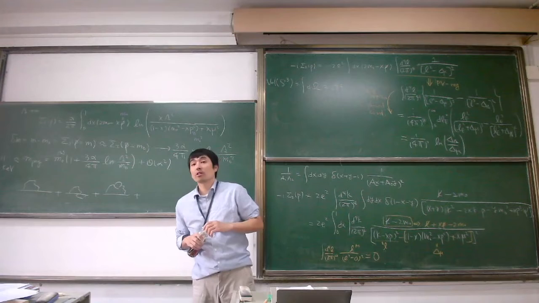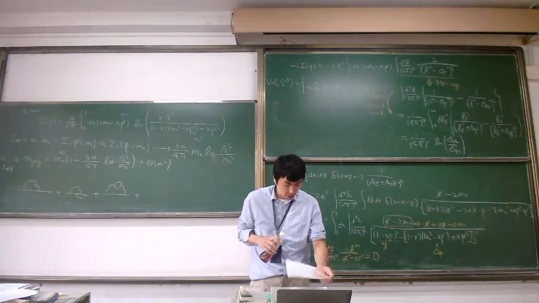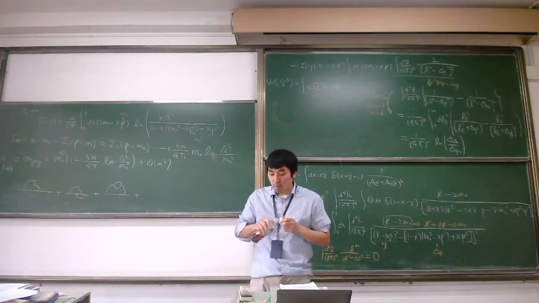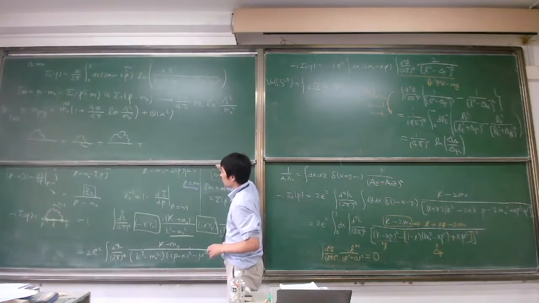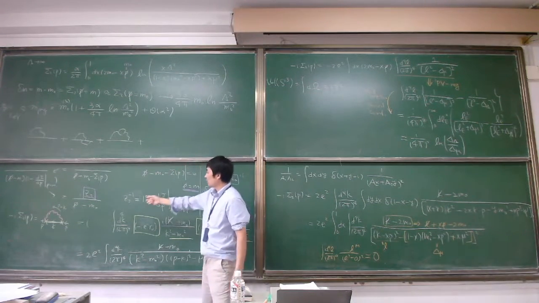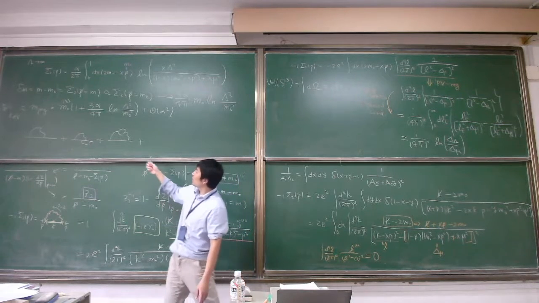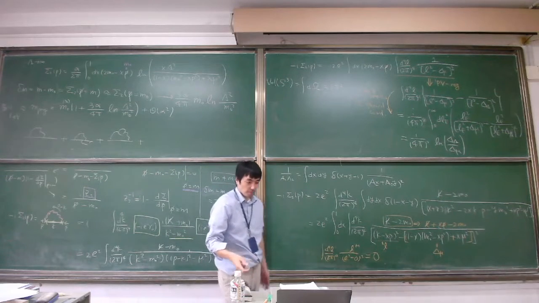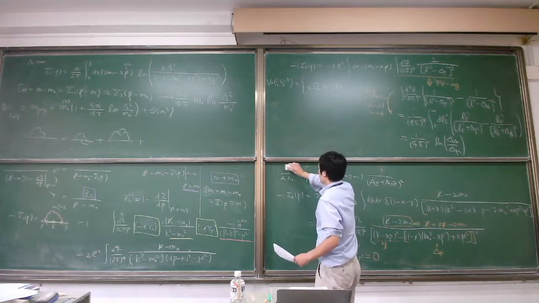Okay, let me move on. 20 minutes have left. So now we are going to evaluate Z2. So Z2 is just the derivative of this one. So what we need to do is just take a derivative of this guy. Okay, I'm going to erase this part.